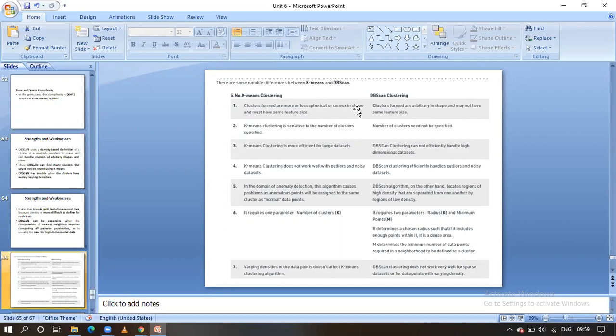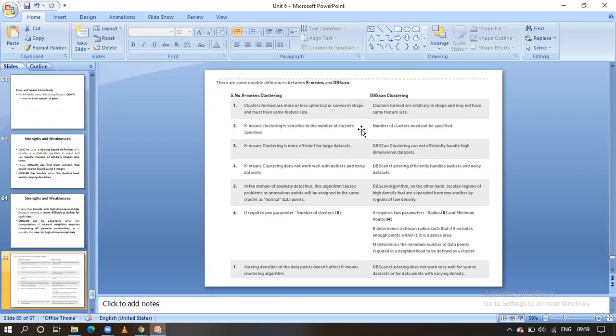Coming to DBSCAN, it is able to form the clusters in arbitrary shapes, and of any size also. For k-means, only for spherical and convex shapes is it able to form clusters, but DBSCAN can form clusters in any arbitrary shape.